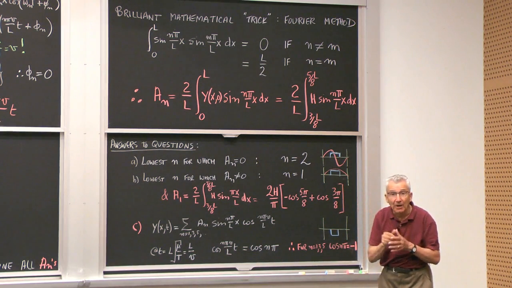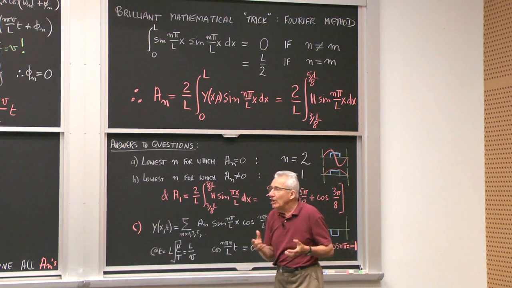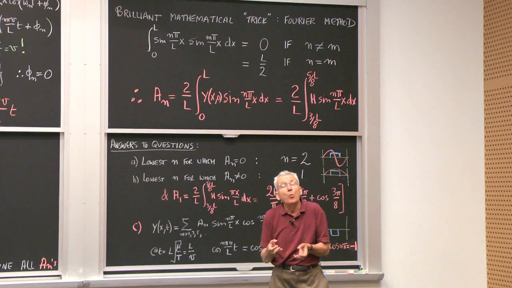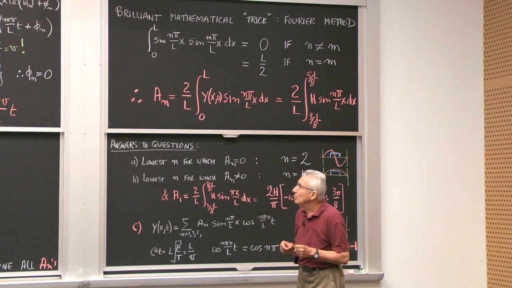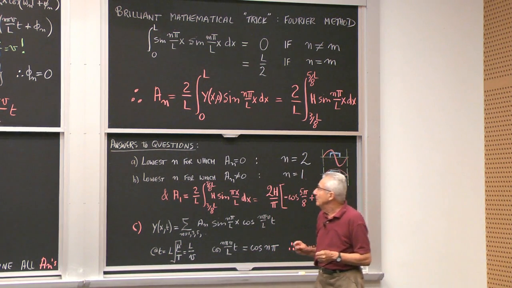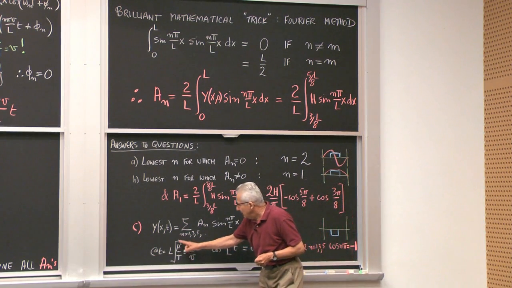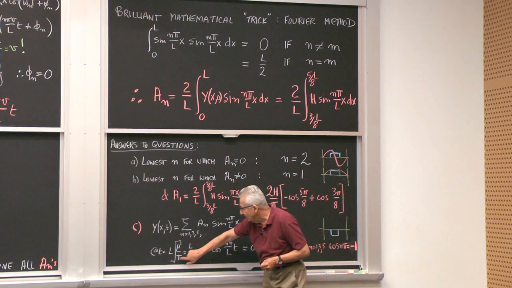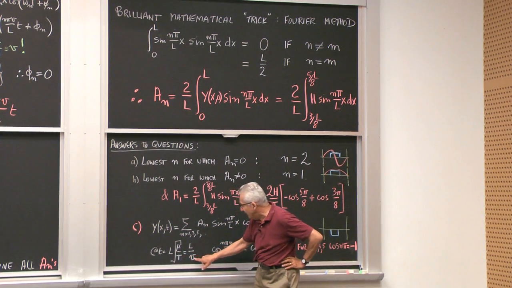The final part of the problem was, they said, okay, I have this shape, I let go. What will that shape look like at a time which was L? In the problem, the time was L times the square root of mu over T. T is the tension in the string. But I know that the square root of mu over T is 1 over v, the phase velocity.